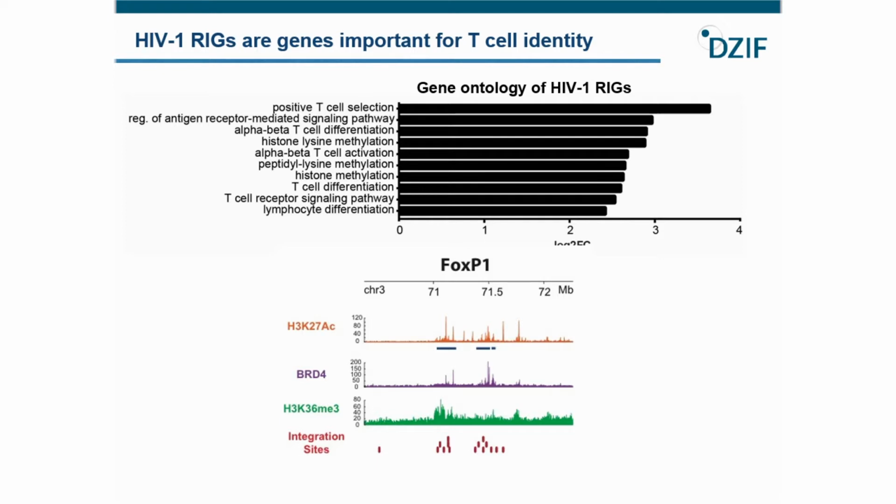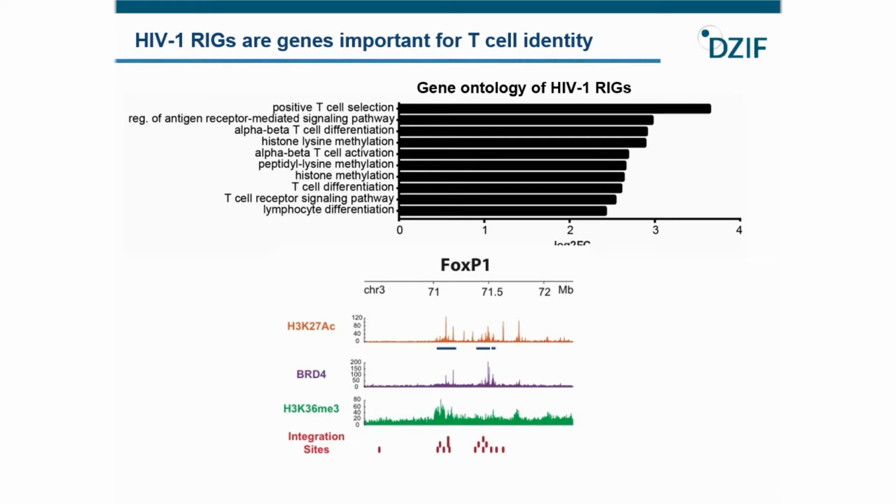And in one of the examples, you can appreciate FOXP1 as one of the genes which is important for T cells, has certain signatures which are K27 acetylation, BRD4, and in the bottom panel you can see the red dots which represent different integration sites which are found, and they perfectly correspond to these signatures of K27 and BRD4.